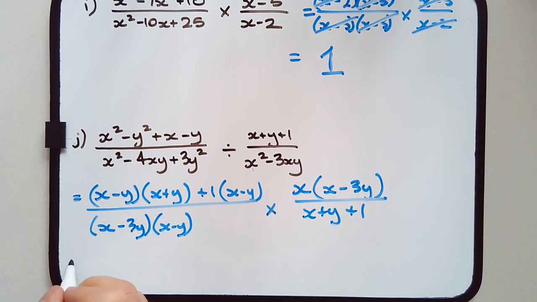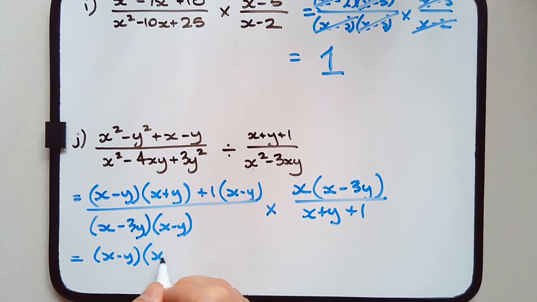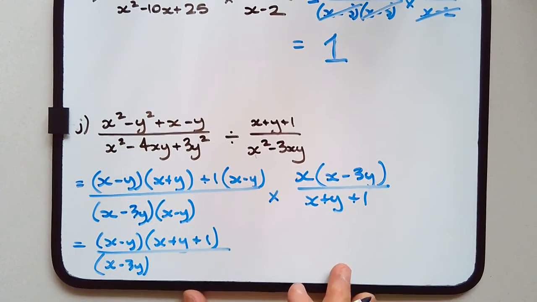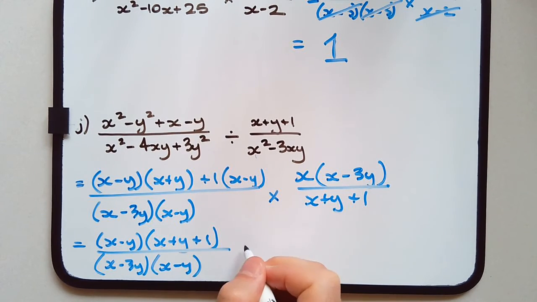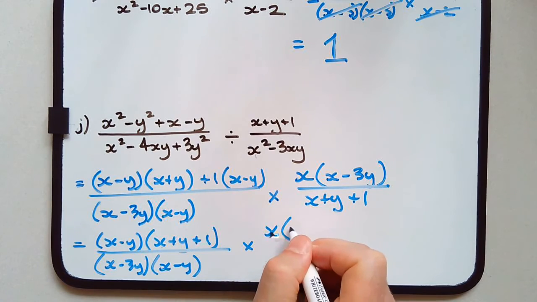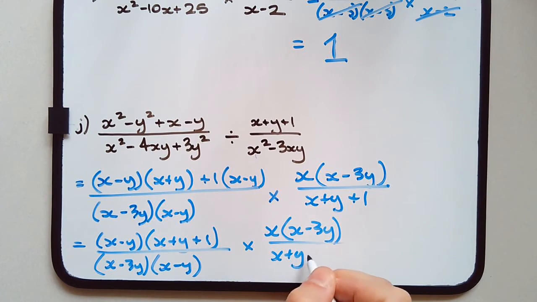Okay, let's write this again. So we have a common factor here of x minus y outside of x plus y plus 1 over x minus 3y. Okay, and x minus y multiplied by x outside of x minus 3y over x plus y plus 1.